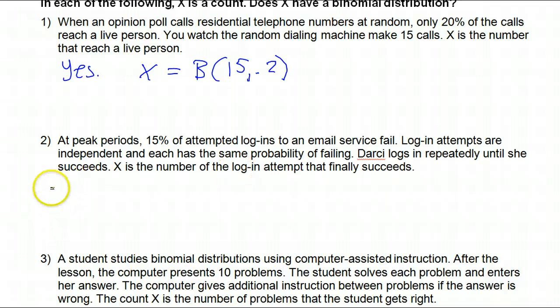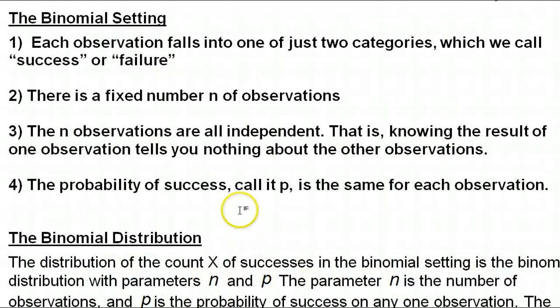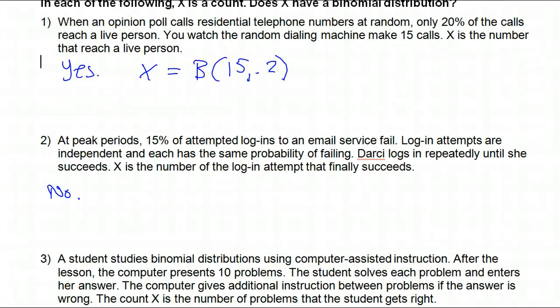Yeah, this is not going to be the binomial situation. The one thing that jumps out at me is it does not satisfy condition number 2, a fixed number of observations. All right, this problem says that she just logs in repeatedly until she succeeds.